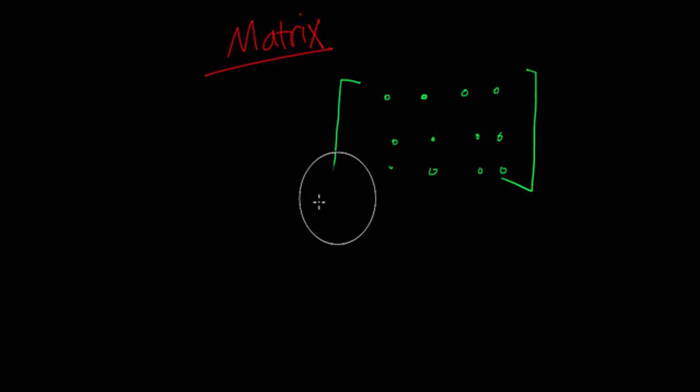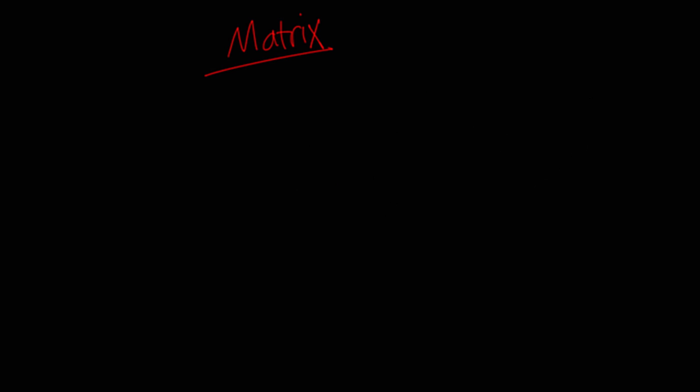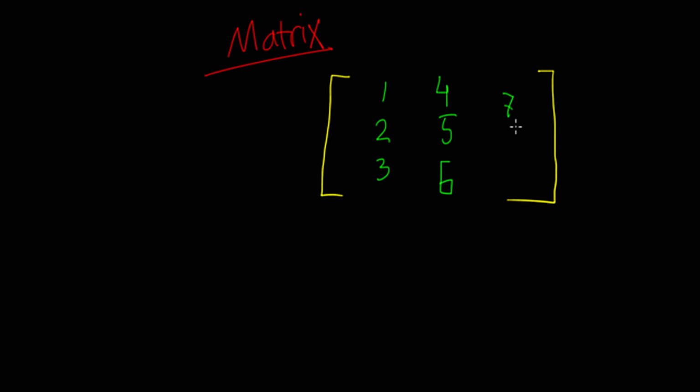We give them straight brackets and numbers according to our wish, arranging them in a rectangular array. If I give it a name, A equal to, then A will be a matrix arranged in a rectangular form.